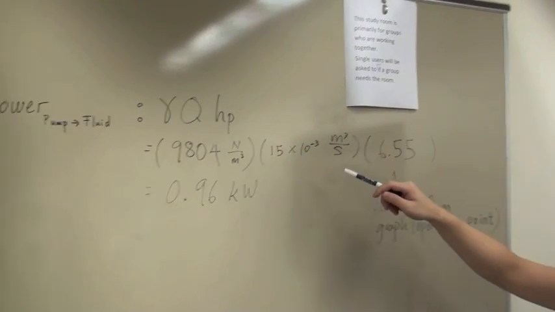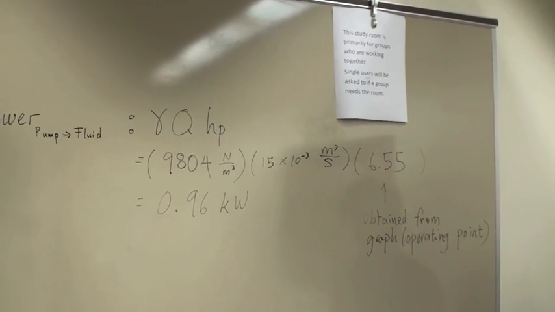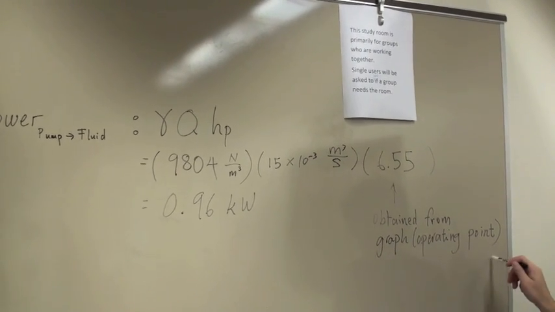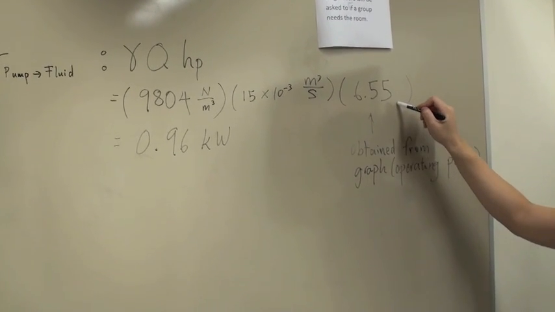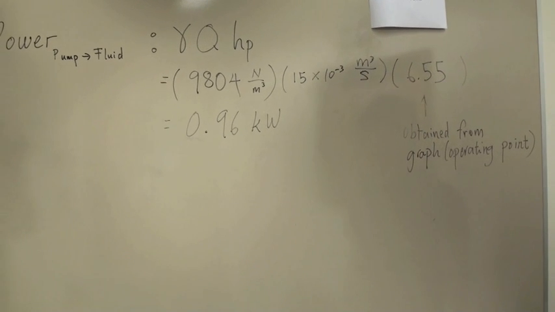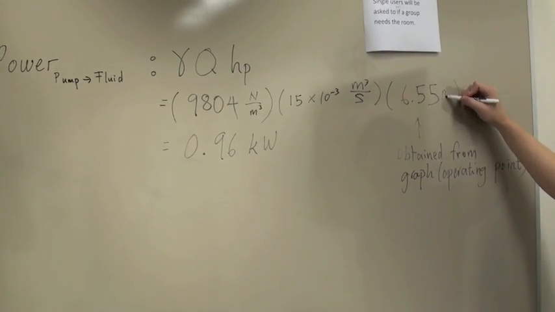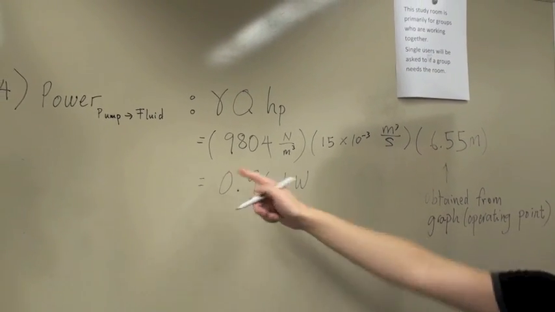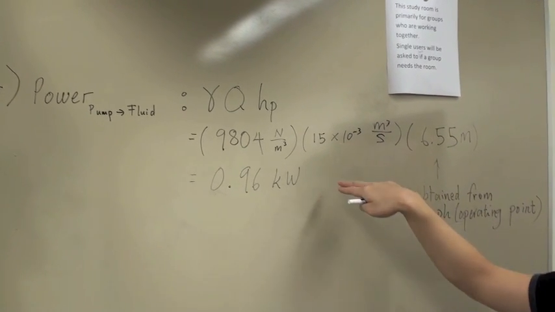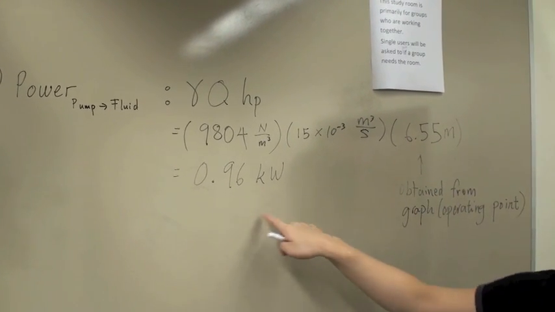As for the HP, we get it from the graph, which is basically the operating point, and you get the value 6.55. The unit is meters. Essentially for the answer, you just multiply this up and you get 0.96 kilowatt.